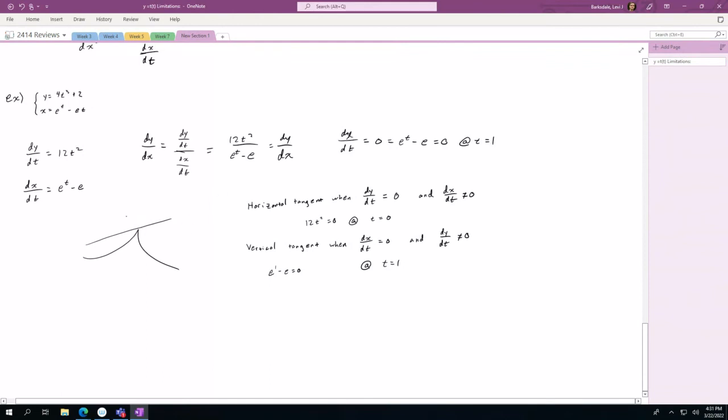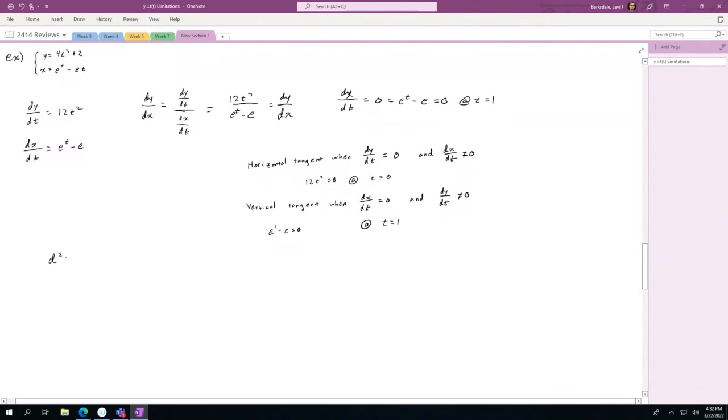I'm really bad at this, sorry. But again, I should have a single unique value for my derivative, so a single unique tangent line. And here, because I can draw several, I can't really say anything about the tangent line. So we say we don't have a horizontal tangent or a vertical tangent if both our derivatives are 0 simultaneously.